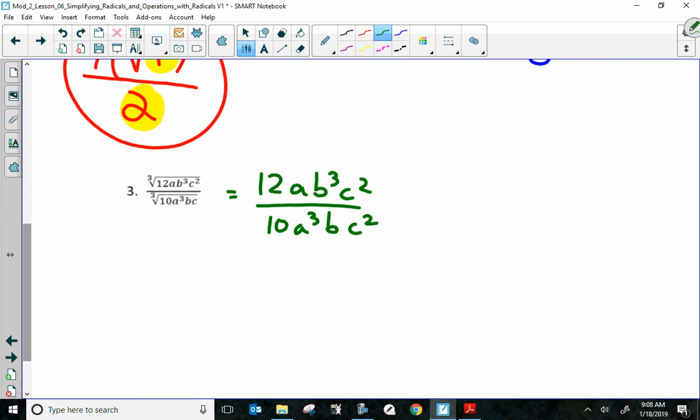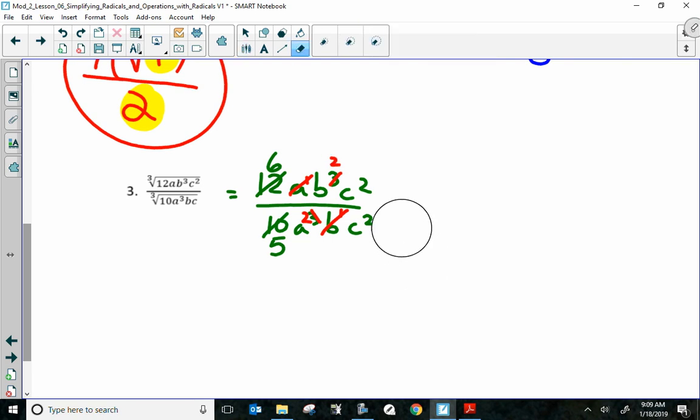If I were to reduce this like I didn't have radicals, 2 goes into 10 5 times. 2 goes into 12 6 times. One of these a's cancels with one of these, and I'm left with a squared. This b cancels one of these, and I'm left with b squared. This c on the bottom is a 1, and one of these cancels with one of these, so I have 1 left.